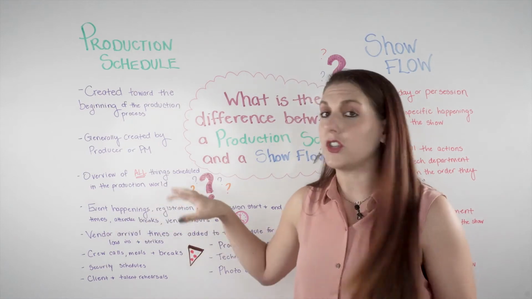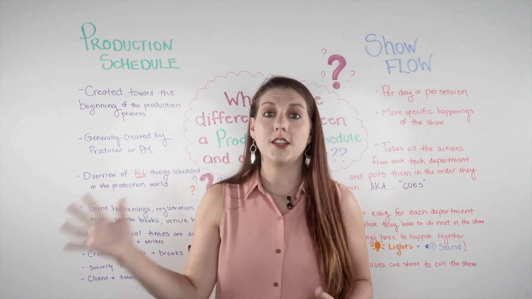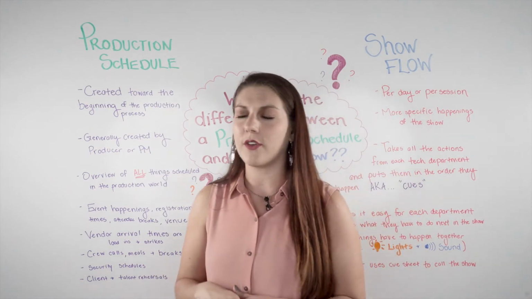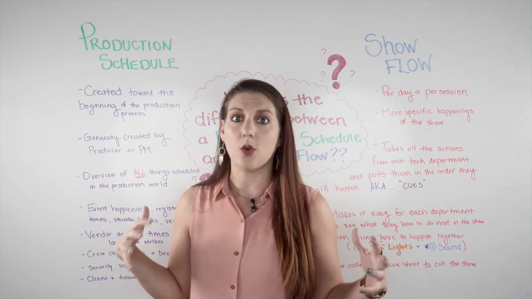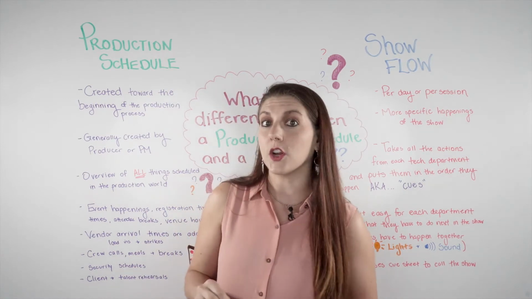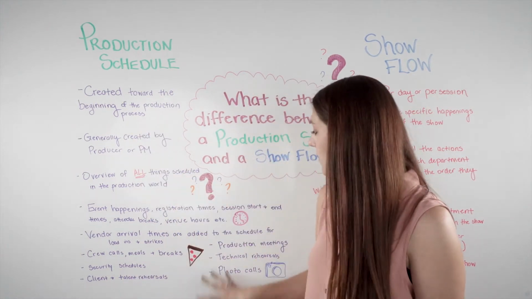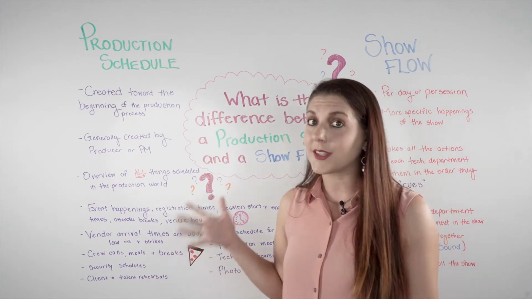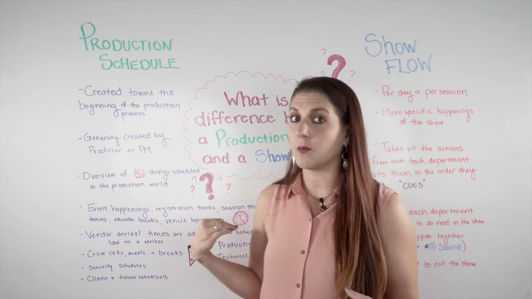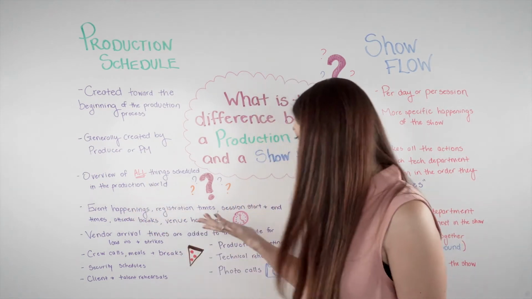Event happenings, registration times, what time do attendees get on site, what time do buses leave, and all of that kind of stuff to anticipate the arrival of attendees and guest speakers. That all kind of gets put on there. Session start times, that's kind of important to know when different sessions start so that production people know when they have to be ready.